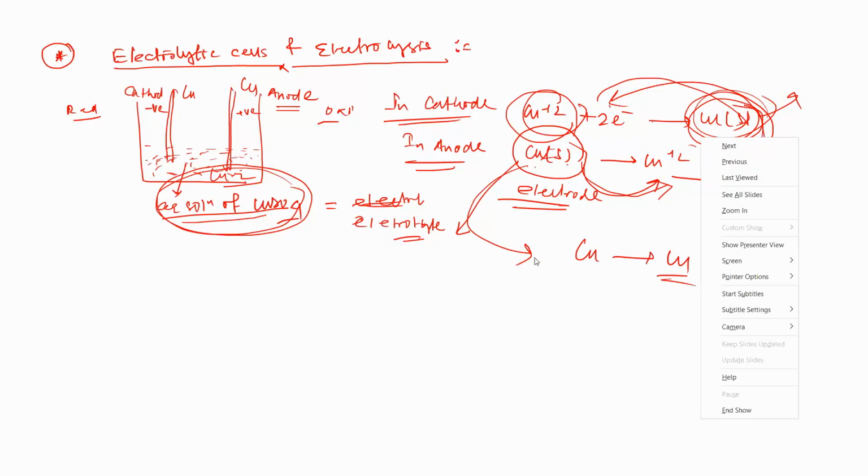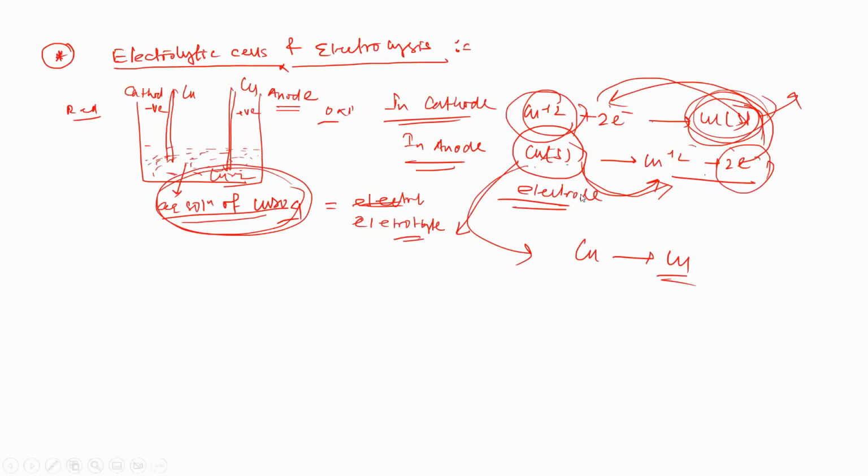Why are we saying that both coppers are different? Here you see, at the anode the oxidation reaction is happening. Here the copper is oxidized to copper plus 2, but which copper? This copper wire.